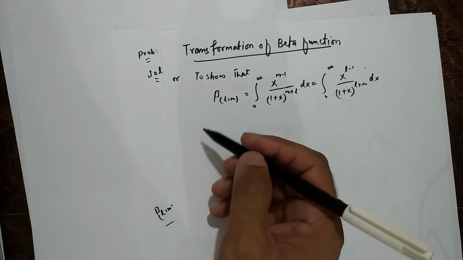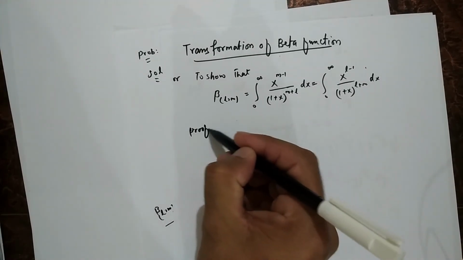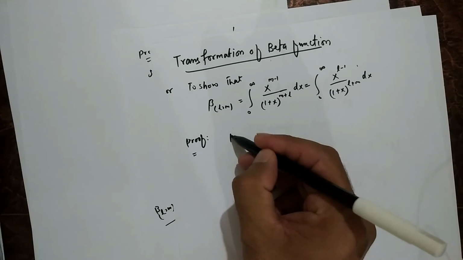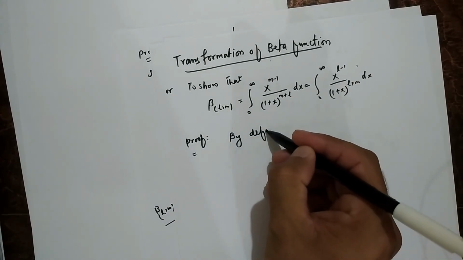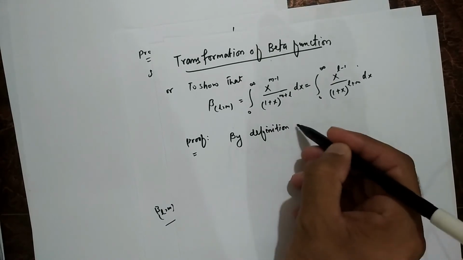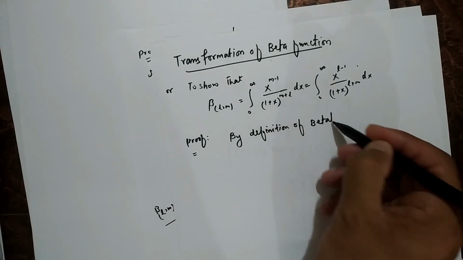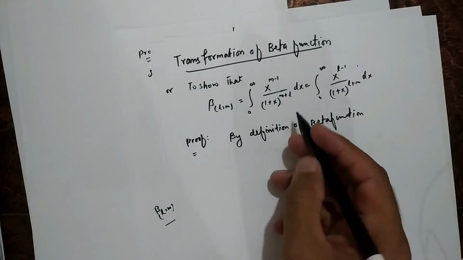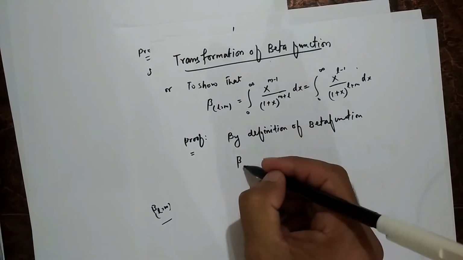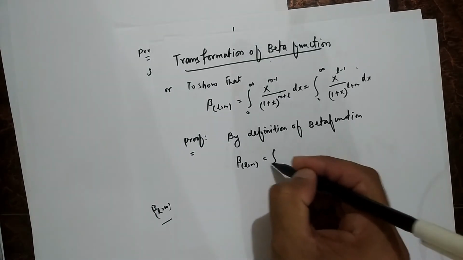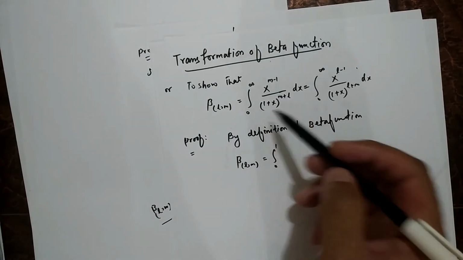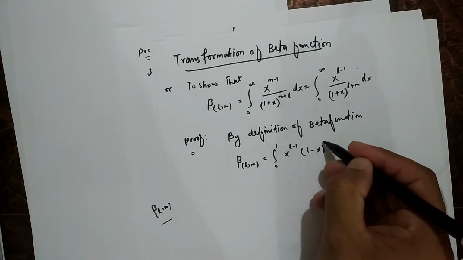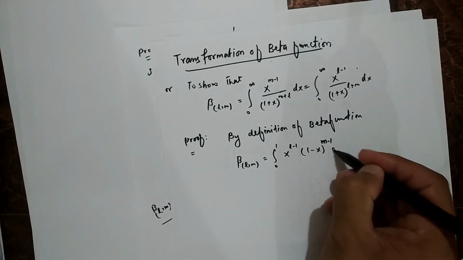Now proof. So by definition of the beta function, that is beta(l, m) can be written as the integral from 0 to 1, here the limits are from 0 to 1, of x to the power l minus 1 into (1 minus x) to the power m minus 1 into dx.